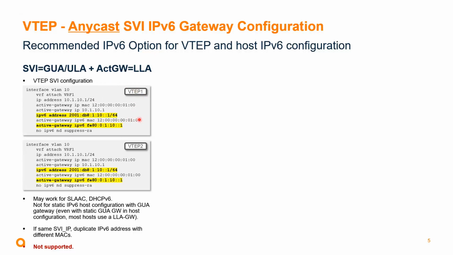The objective is to have the same IP address on the SVI on VTEP 1 and VTEP 2 or VTEP 3, 4, and so on, hosting the same VLAN interface.